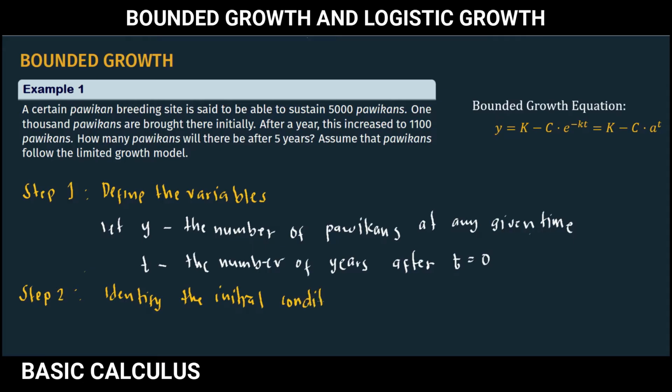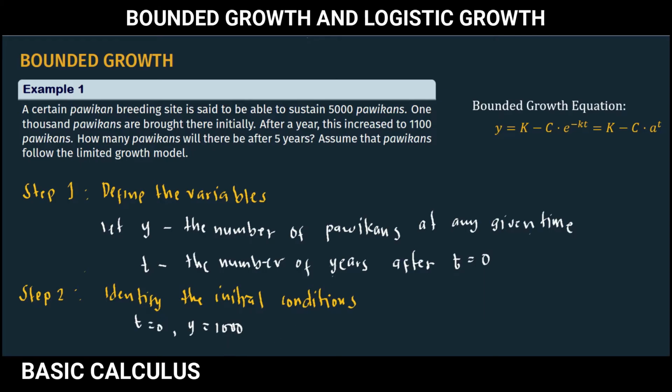We know that at the initial time, t is equal to 0, 1,000 pewees are brought there initially. So at t is equal to 0, our y, the number of pewees, is equal to 1,000. That's the first initial condition.